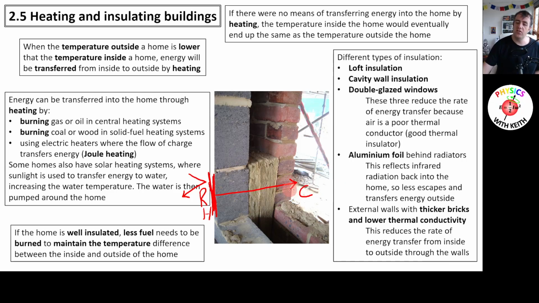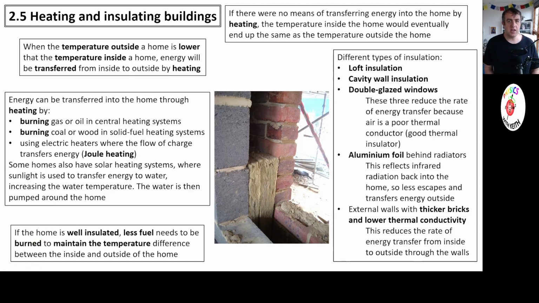So that reduces the temperature difference from inside to outside, which is what I mentioned just before, which means less energy is going to transfer from inside to outside the home. And lastly, thicker bricks, lower thermal conductivity, all that sort of thing, which I think we've already talked about. So that is stopping energy leaving our home in the winter.